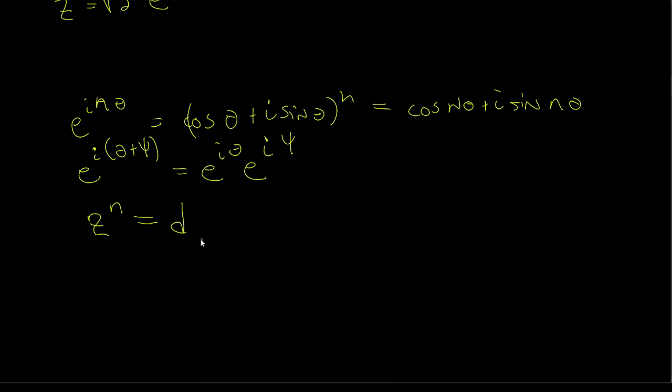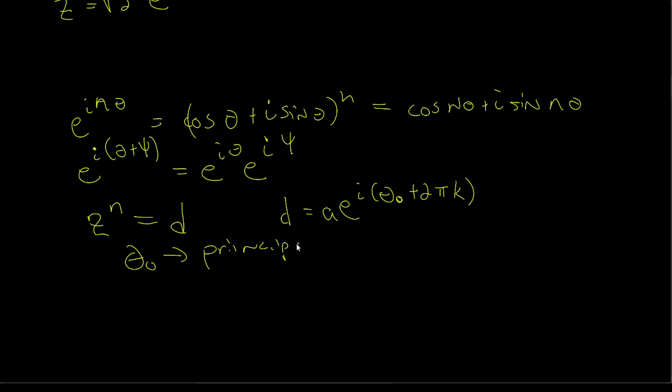If we solve for d in polar form, so we'll say d is equal to its magnitude times e to the i, its root angle, plus 2 pi k. And we're going to say that this root is the principal angle. It's the one we solve for in the unit circle.